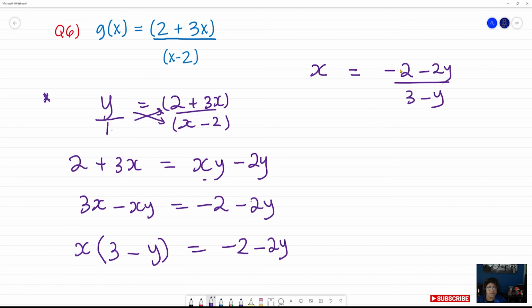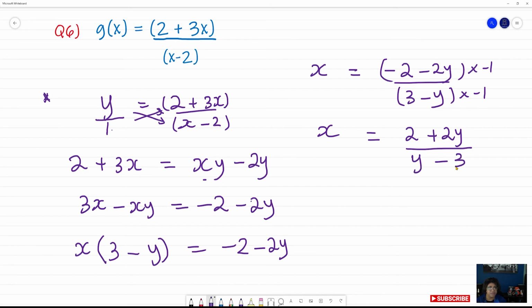Now you can write this neatly by multiplying by negative 1, and you have to balance it and write times negative 1, and then you'll end up with x equals 2 plus 2y over, this would now become positive, so I'm going to write it here, and this is positive times negative 1, that will be negative 3. That looks much neater now.